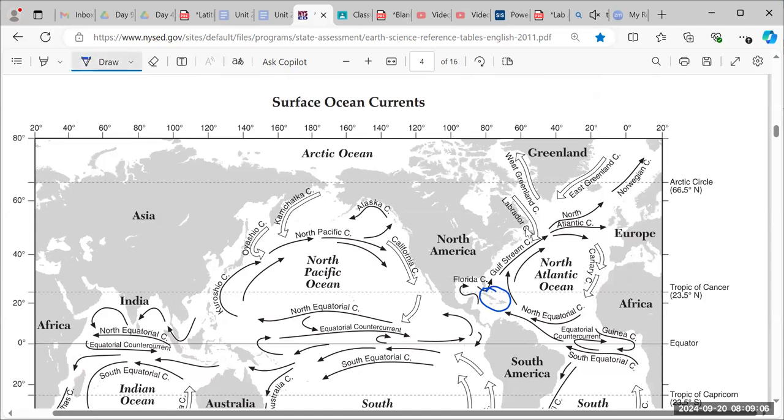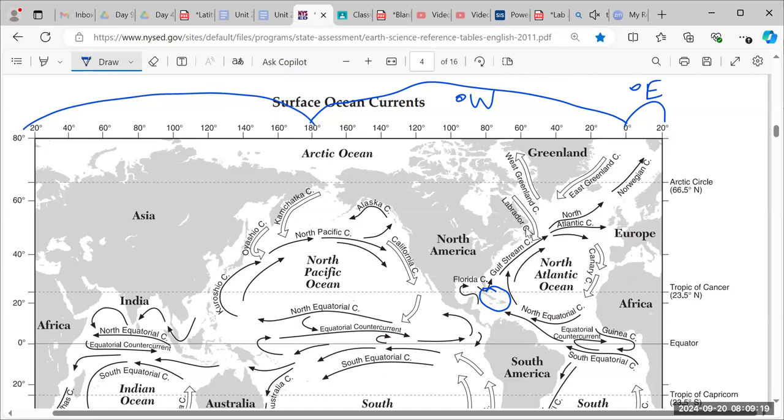Remember, just like page 5 we talked about in class, 0 to 180 degrees is going to be degrees west, and 0 to 180 is also going to be degrees east. So that means this area is located on the west side of the world.